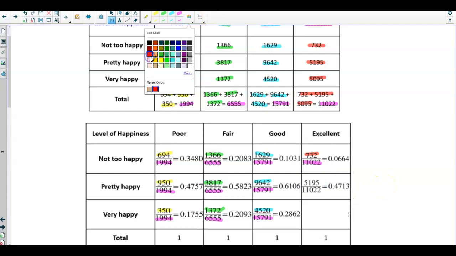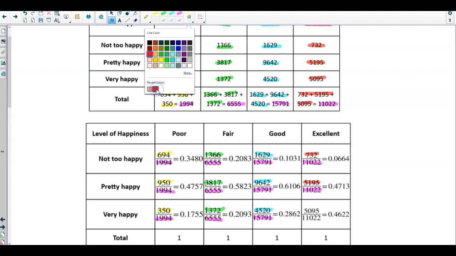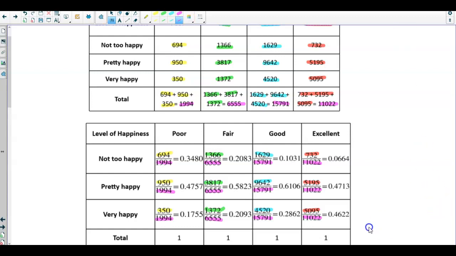The next entry, for pretty happy, is 5,195, and dividing that by 11,022 gives us 0.4713. Last, the entry 5,095 represents very happy in the excellent column, and dividing it by the column total of 11,022 gives us 0.4622.